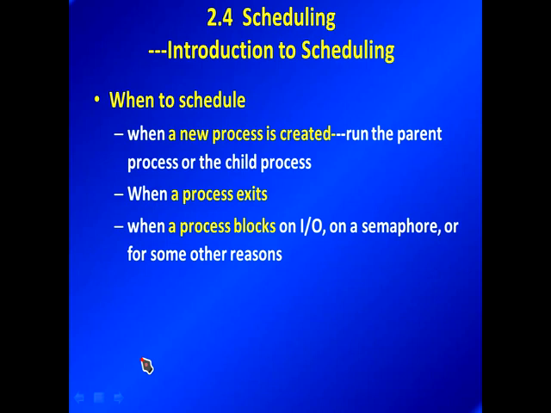And with semaphores, if a process requests a certain resource and there is no available resource for that process to use, then when the process makes this down operation, it will be blocked too.